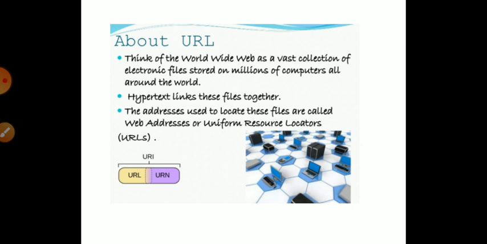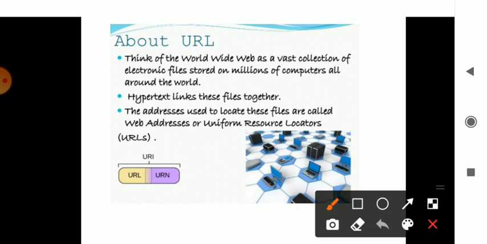You can say a web server from which you are accessing the information. Remember, it's nothing but the World Wide Web. The www consists of a lot of files, and those files are fetched by another system from a server. That is your URL.